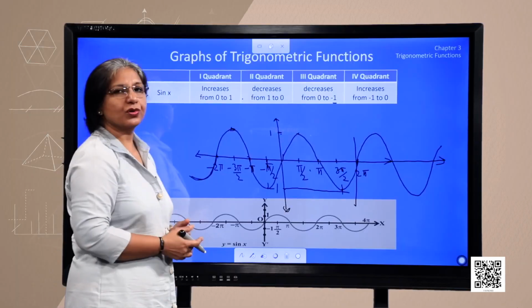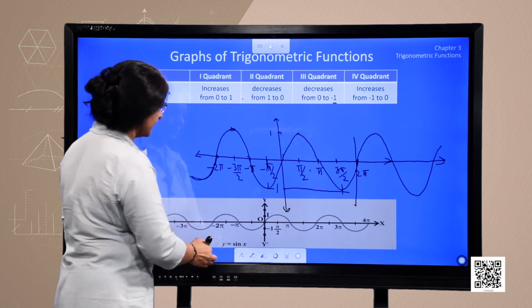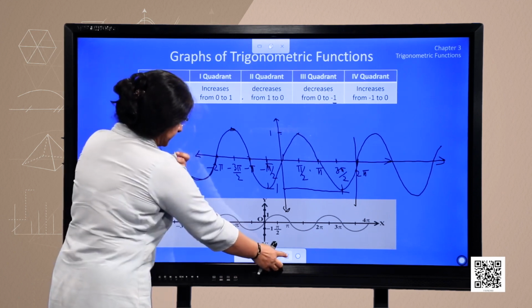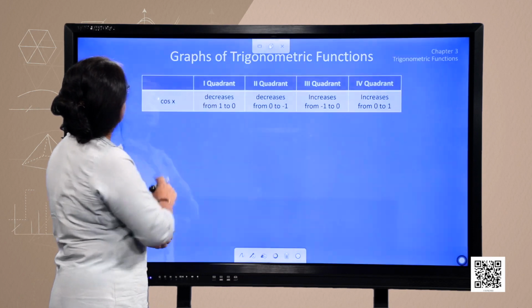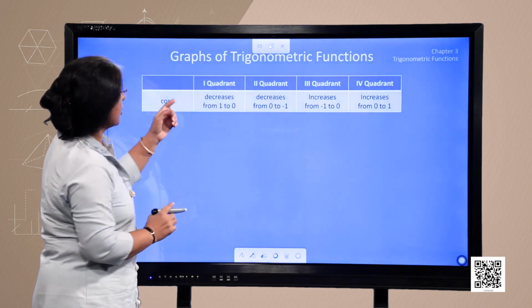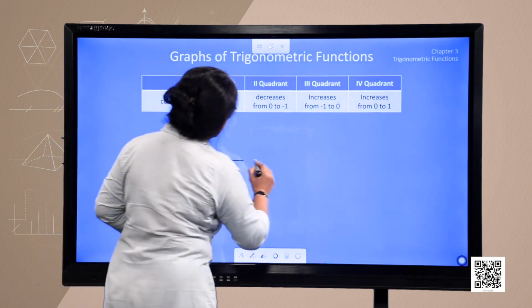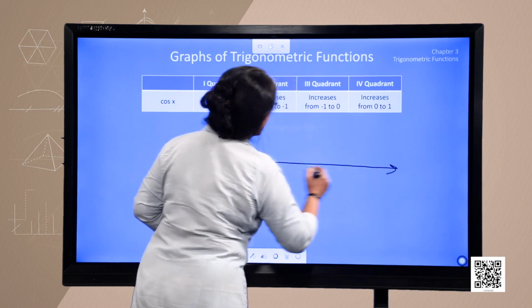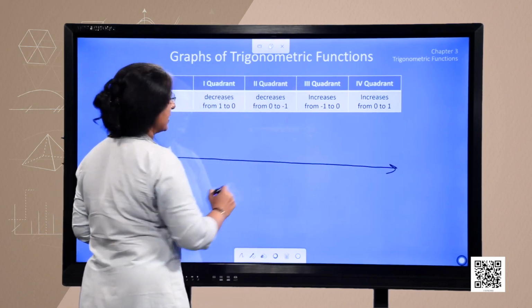Now, we move to the graph of cos function. In the cos, the same way, real number line, since cos is defined for all real numbers.